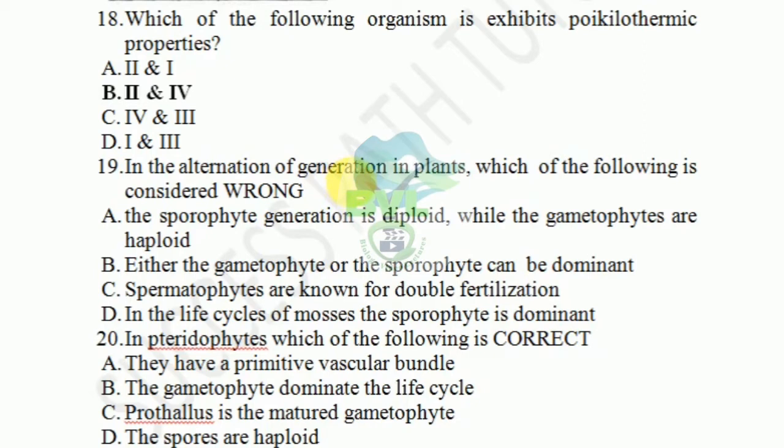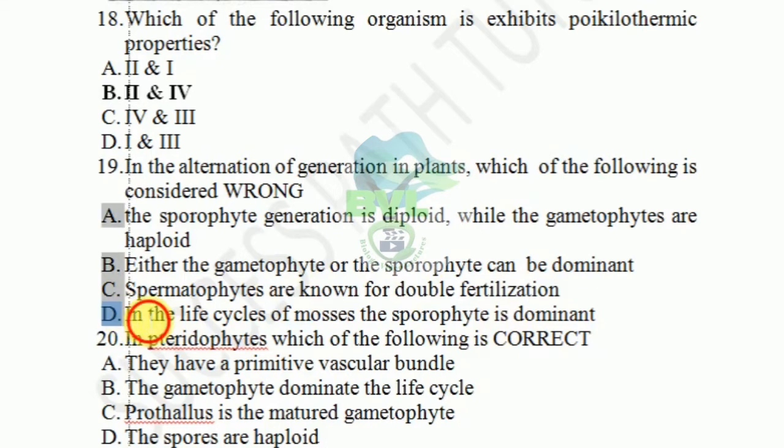In alternation of generation in plants, which of the following is considered wrong? The sporophyte generation is diploid while the gametophyte generation is haploid. That's correct. In the life cycle of mosses, the sporophyte is dominant. No, that is wrong.